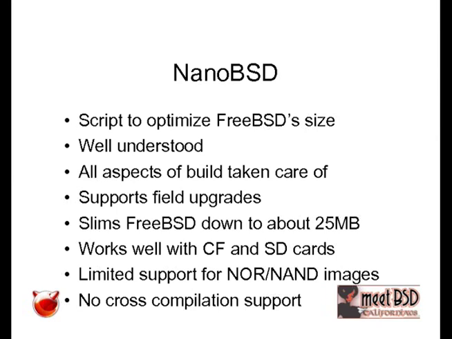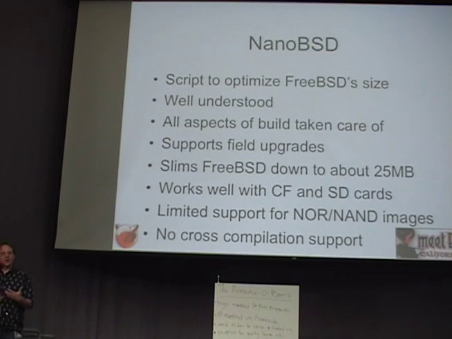My router at home is a NanoBSD-based router running on a Soekris box, for example. It also works well when you've got an SD card system, if you've got a system that can boot off SD cards.